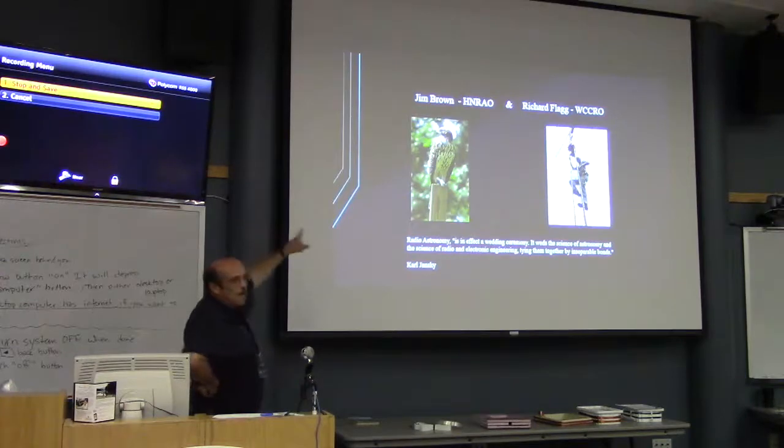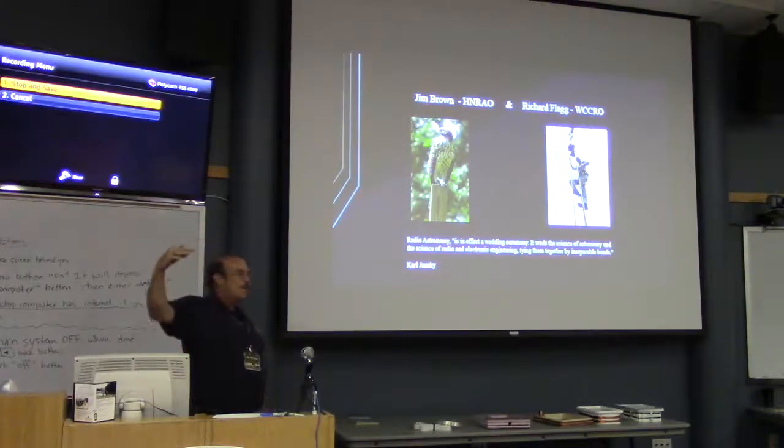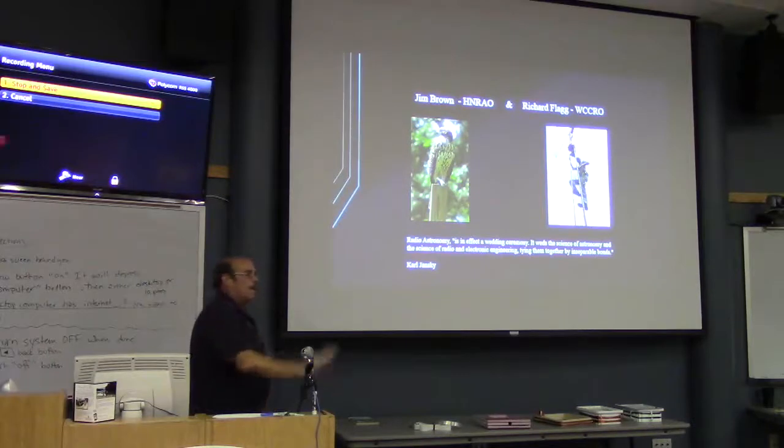The row of pine trees in the background behind him are where the hawks nest. So, Hawk's Nest Radio Astronomy Observatory. It's named for a reason. There are hawks there. He was back there practicing flying. He would go from the trees to the ground and back up to the trees. He was practicing pouncing on prey.